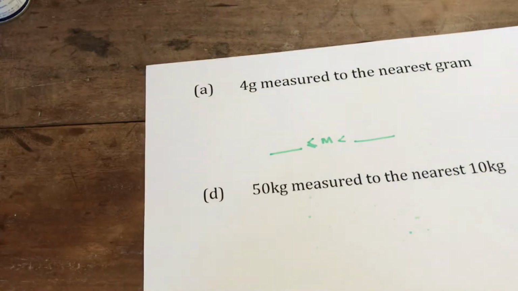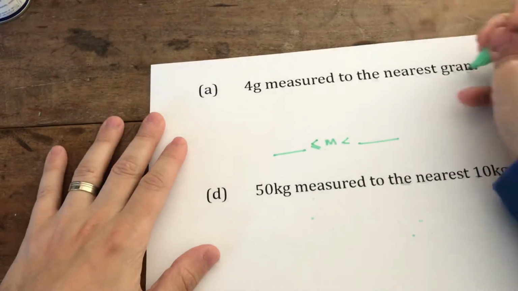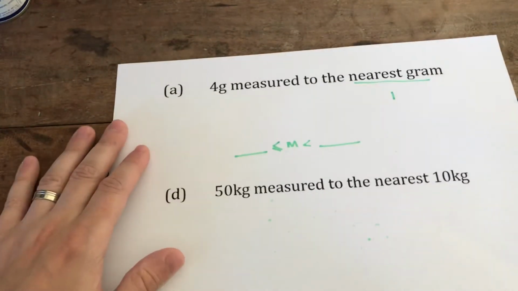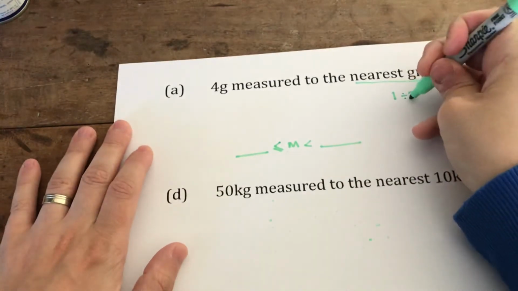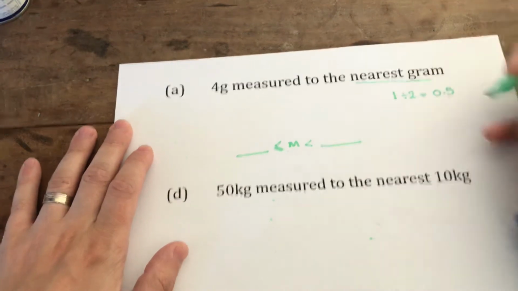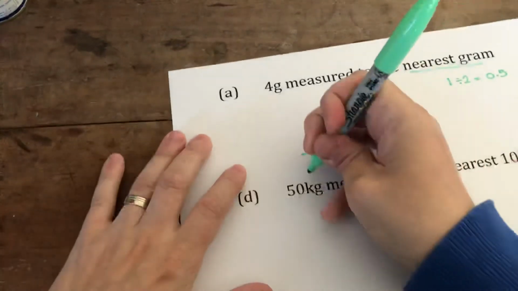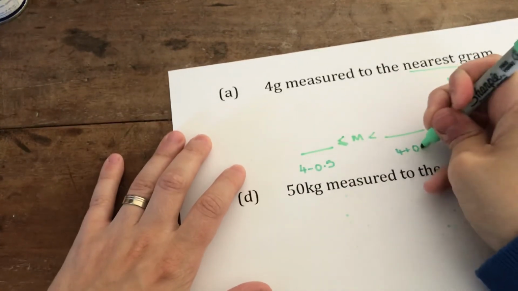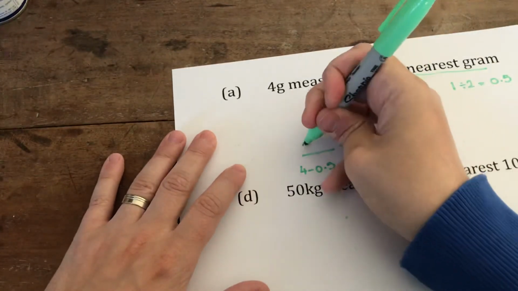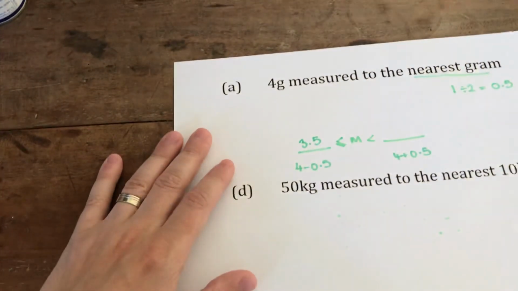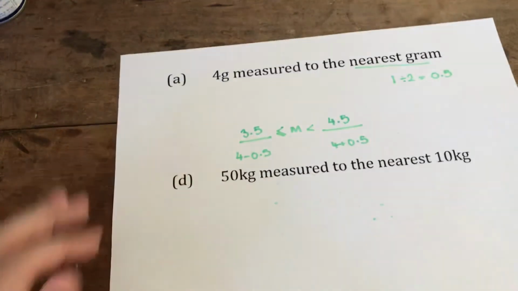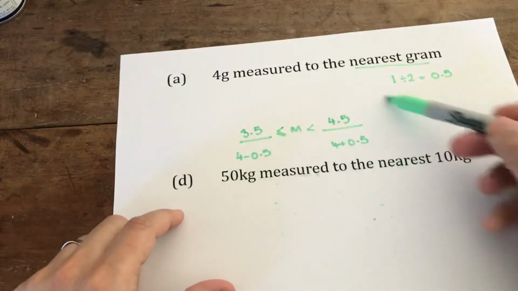Well, the nearest gram just means to the nearest whole number. So that's measured to the nearest one. What I do is I half that, and that gives me 0.5. That means I'm going to do 4 take away 0.5 and 4 plus 0.5. So therefore, my smallest value is 3.5 and my largest value is 4.5. And there we go, we've written our error interval.